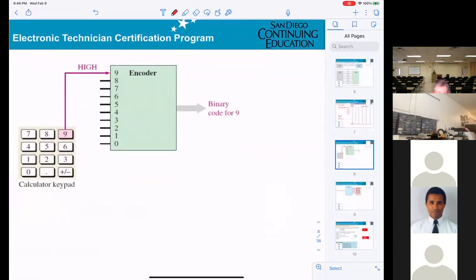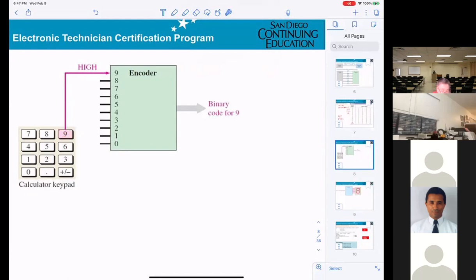Now let's see. Basically, encoder. This is your calculator. That's what we call encoder. That means you typing number 9, that will be decimal, right?